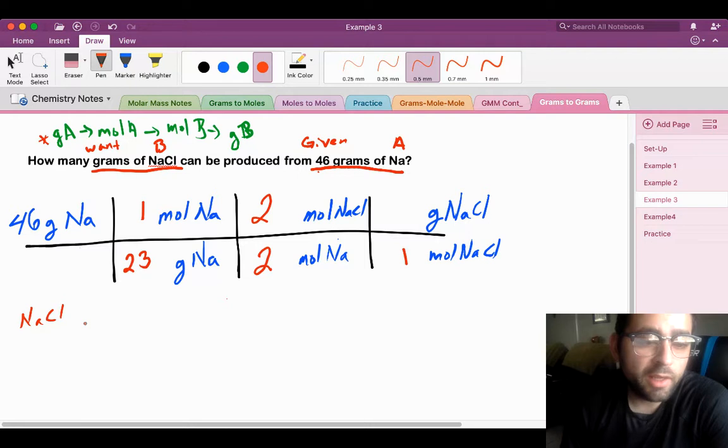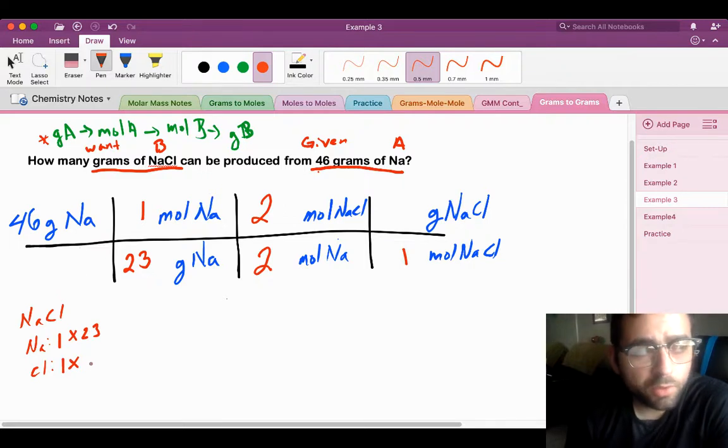NaCl, I'm combining Na with the mass of Cl. So Na and Cl. I have 1 Na, 1 Cl. This is chlorine. It's not a C and I. That would be carbon, iodine. Cl, chlorine. It's by itself. Now the mass of sodium is 23. The mass of chlorine, if you're using the old periodic table with the decimals, is 34.45.